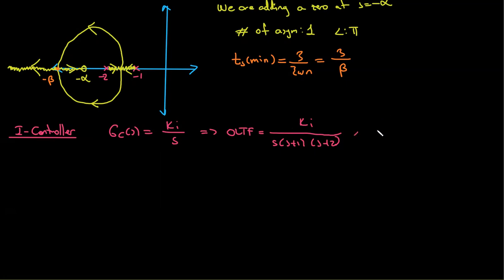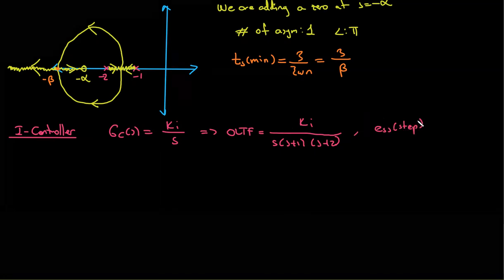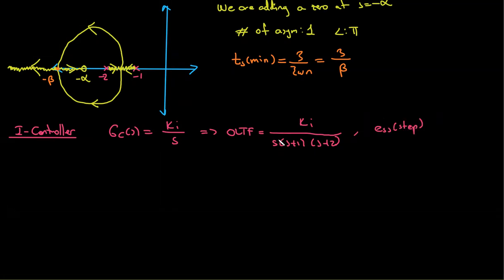So my first question is, what is the steady state error to step input? 0. Exactly. So we changed the order of the system and we add a pole at the origin. Therefore, we get rid of the steady state error. So it's a good thing. We managed to catch the desired step input.